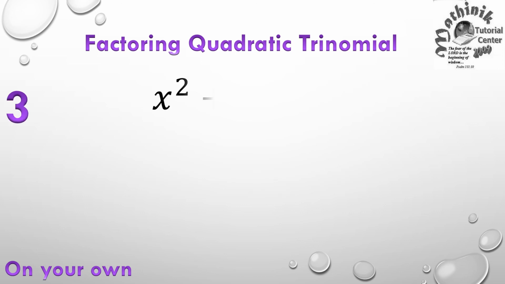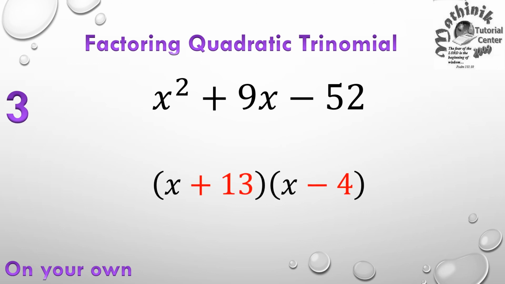Third one, x squared plus 9x minus 52. You have 15 seconds. Go. Okay, we have x plus 13 times x minus 4.